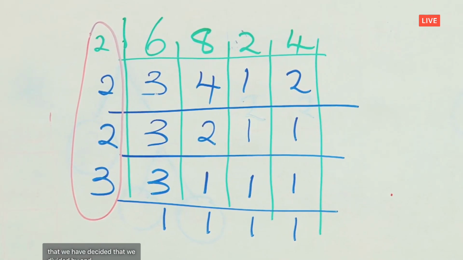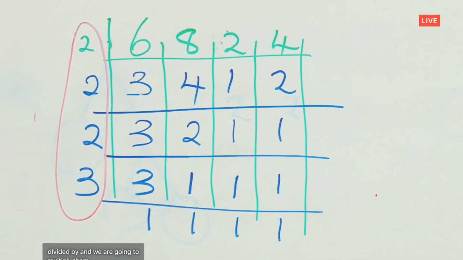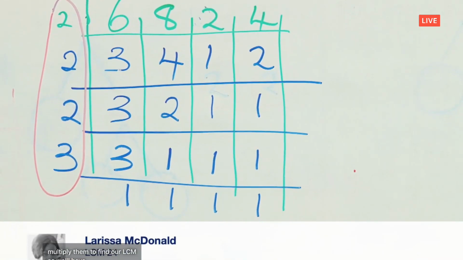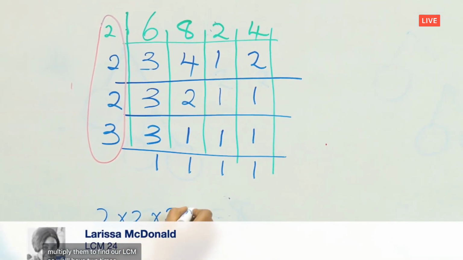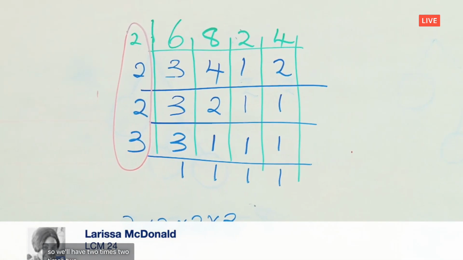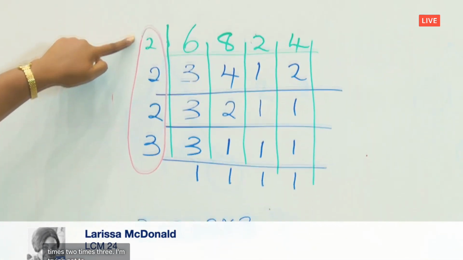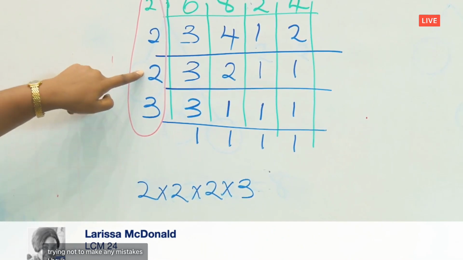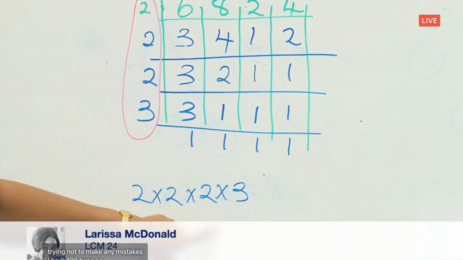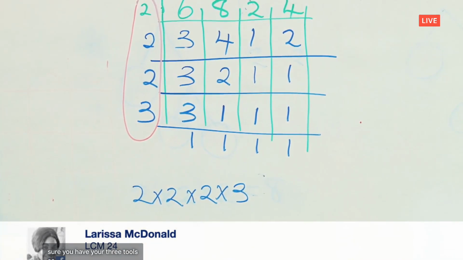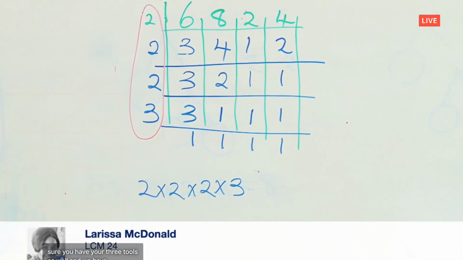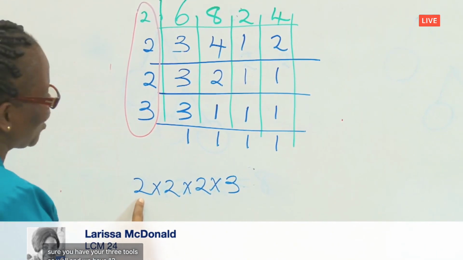And to get our LCM, take all the prime numbers that we have at the side that we divide by, and we are going to multiply them to find our LCM. So we will have 2 times 2 times 2 times 3. And try not to make any mistakes. I have 1, 2, 3 2s.